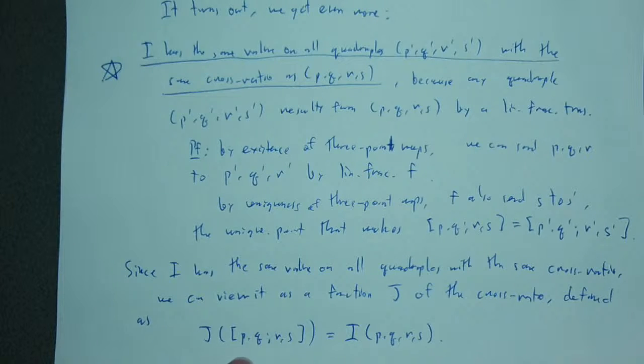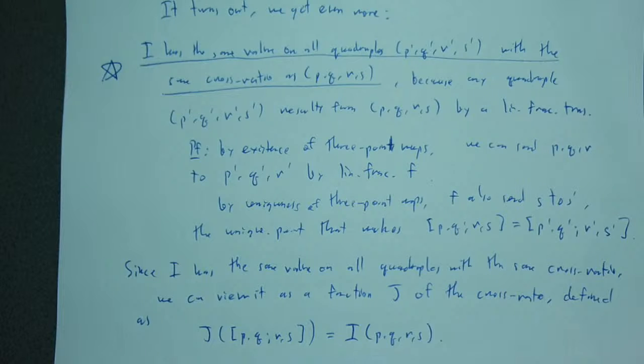So this thing makes sense so long as, if I know the cross ratio of these 4 points, then I should know the value of I on the 4 points. But that's exactly what I said in this underlined bit, right? That it is sufficient to know the cross ratio of the 4 points to know the value of I on those 4 points.